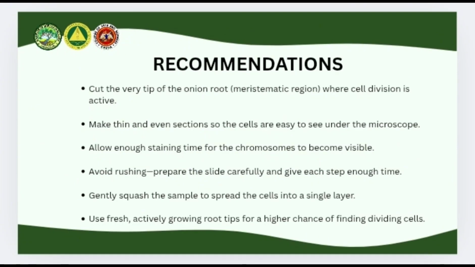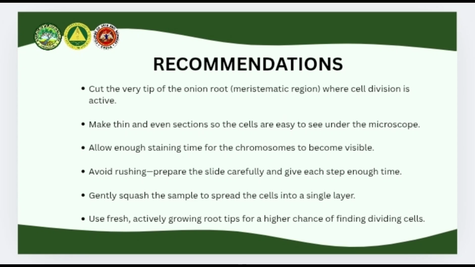Although we were unable to observe mitosis in our experiment, there are some important tips and reminders for next time. When preparing onion root tip slides, it's best to cut the very tip, the meristematic region, because that's where cell division is most active. Making thin and even sections helps the cells be easier to see under the microscope.